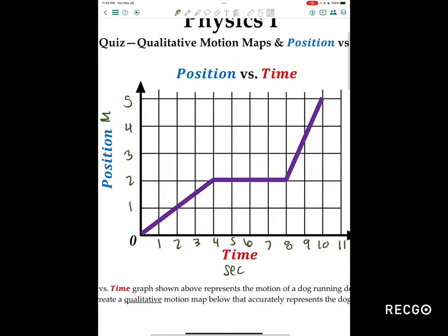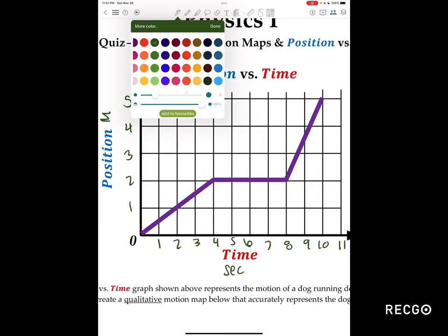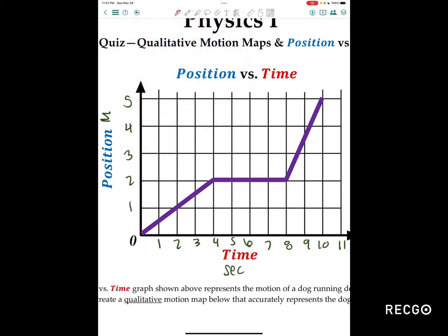So I like to look at this individually. This is going to be our line A right here. It took line A 4 seconds to go up 2 meters.